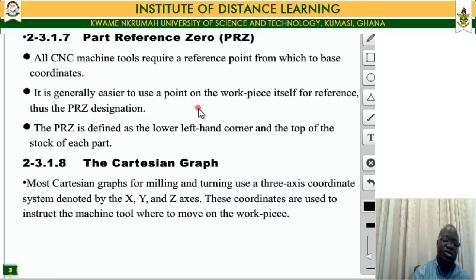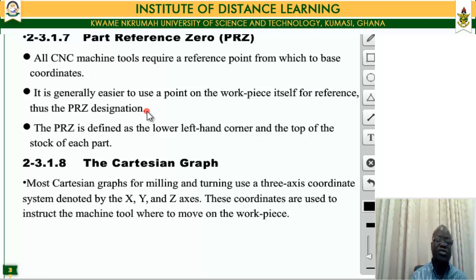So it is very important to set a part reference 0, especially on the workpiece, so that you know that if I start from the workpiece at this point, this is my 0 position, and if I advance this distance, this is my X distance or my Y distance.